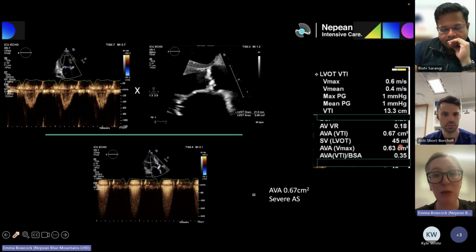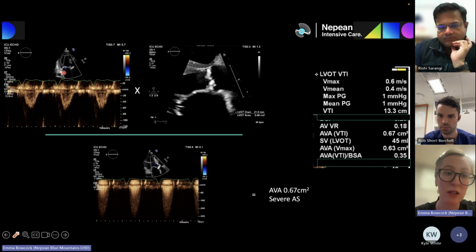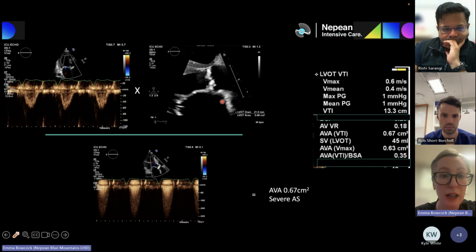So the next thing, now that I've worked out that we've got a low flow state and reduced EF, is I want to know what the aortic valve area calculates as and what the DSI is. So I'm going to do LVOT VTI times my cross-sectional area, taking into consideration that this maybe isn't perfect, but it is what it is. We have to do our best with that, divided by aortic valve VTI, and we get an aortic valve area of 0.67 centimeters squared, which is less than 1.